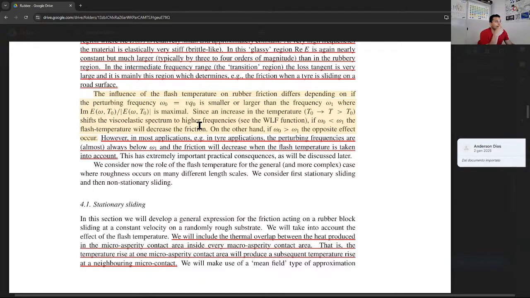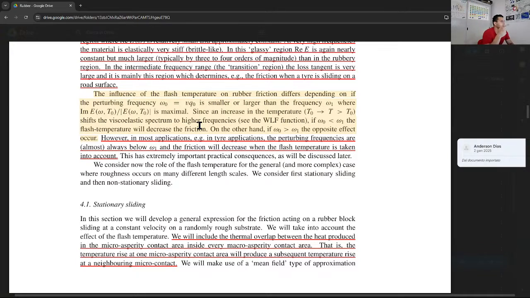And then, if omega 0 is higher than omega 1, which is the frequency where the loss tangent is maximum, the flash temperature will decrease the friction coefficient.